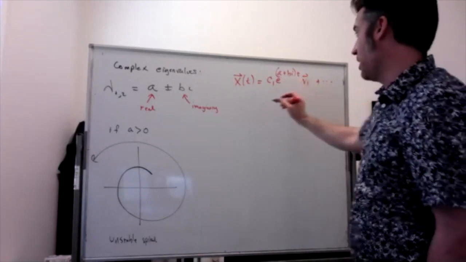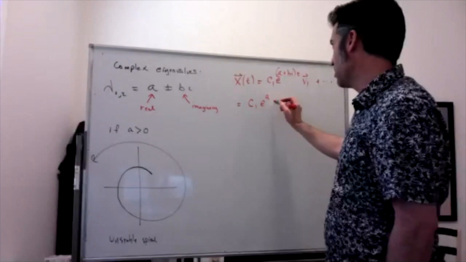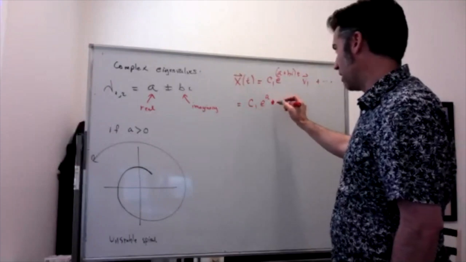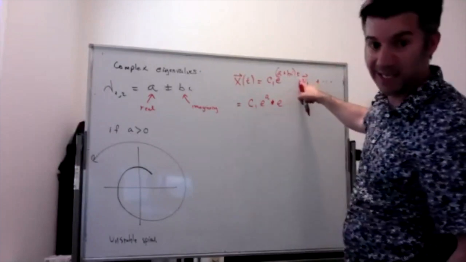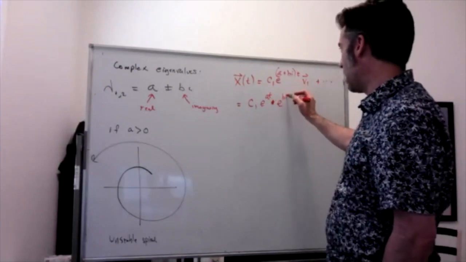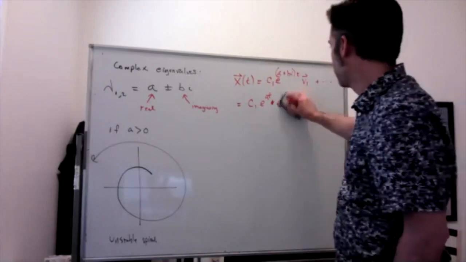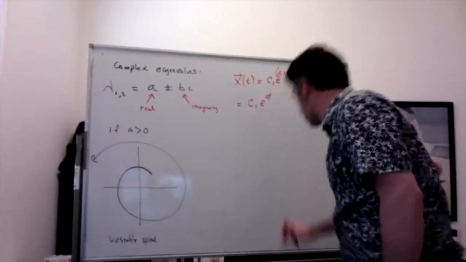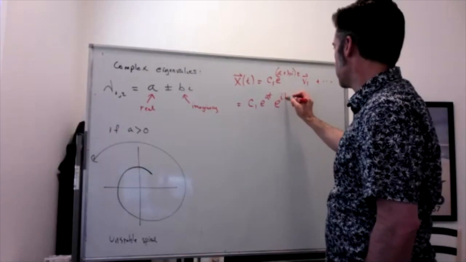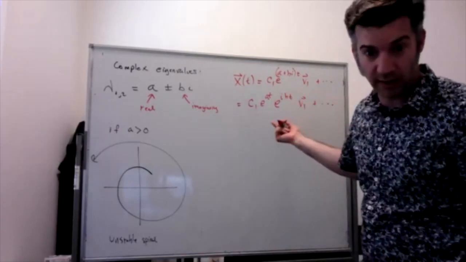I'm going to rewrite that as c1 times e to the at times e to the ibt, times v1 plus a similar thing for the second eigenvalue.